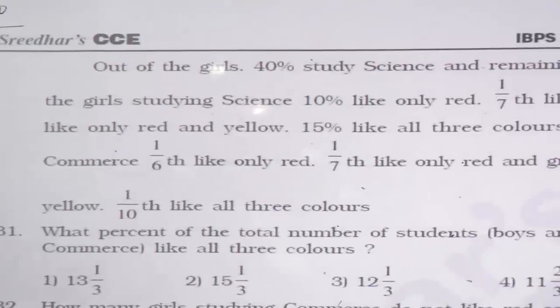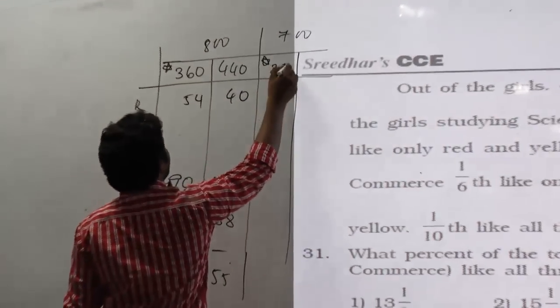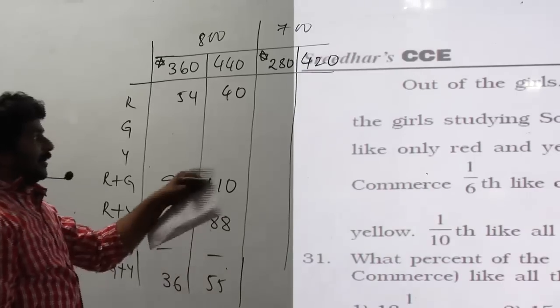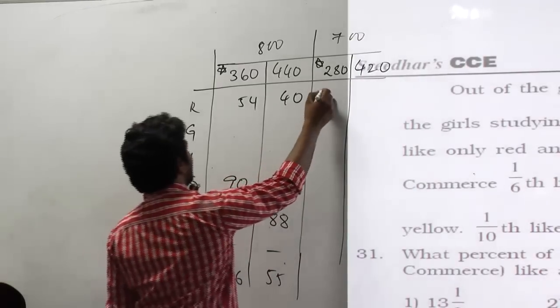Now, out of the girls, 40% study science. 40% of this number, 280, remaining 420. And the girls studying science, 10% like only red, 28.